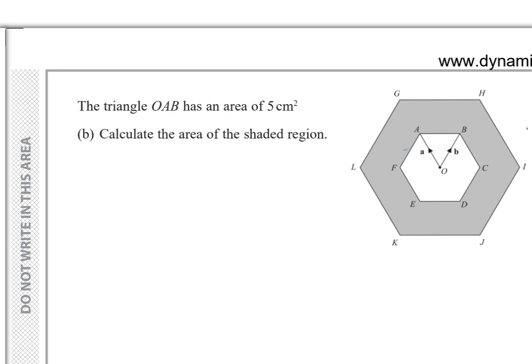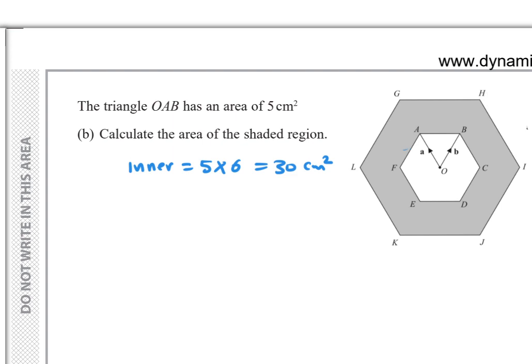Now triangle OAB has an area of 5 centimeters squared. Calculate the area of the shaded region. If the area of this triangle is 5, we can find the area of the inner hexagon equals 5 multiplied by 6, which is 30 centimeters squared, because the regular hexagon contains 6 equilateral triangles. Now because the outer hexagon is an enlargement of the inner one by scale factor 2, they are similar, and the ratio between this side and that one is 1 to 2.